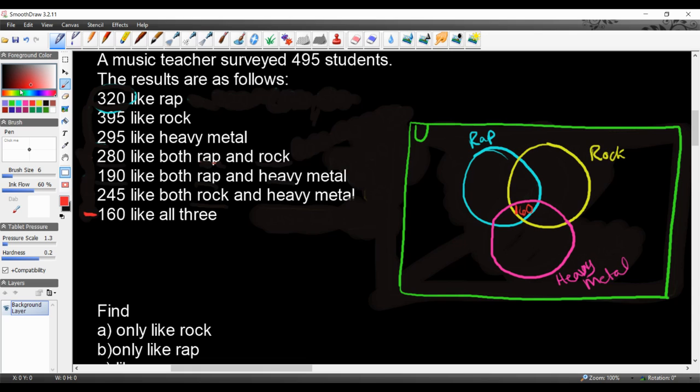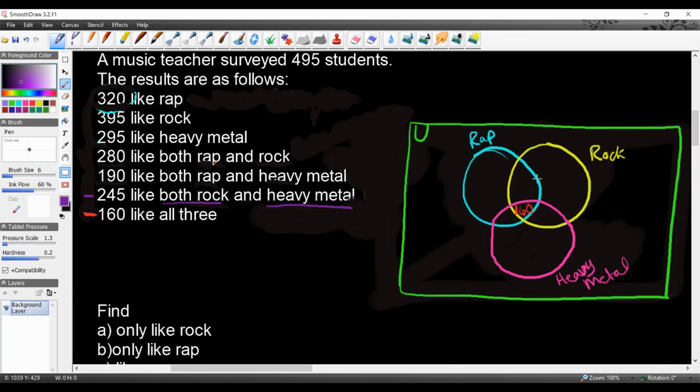We're going to make our way up, and you're going to see how this is going to come out nicely in the end. So we have that 245 students like both rock and heavy metal. For this one, I'm going to look at my rock circle, which is the yellow one, and my heavy metal circle, which is the purple or pinkish one, okay?